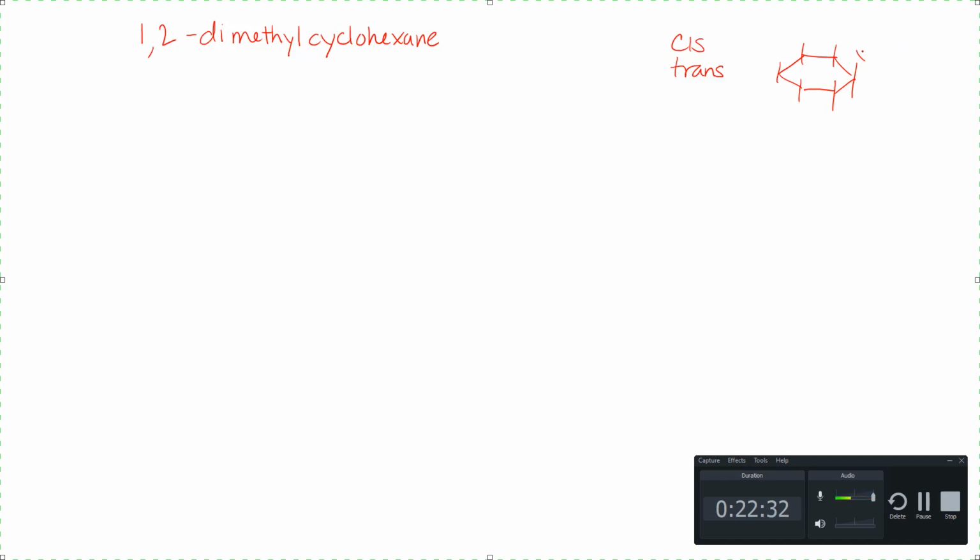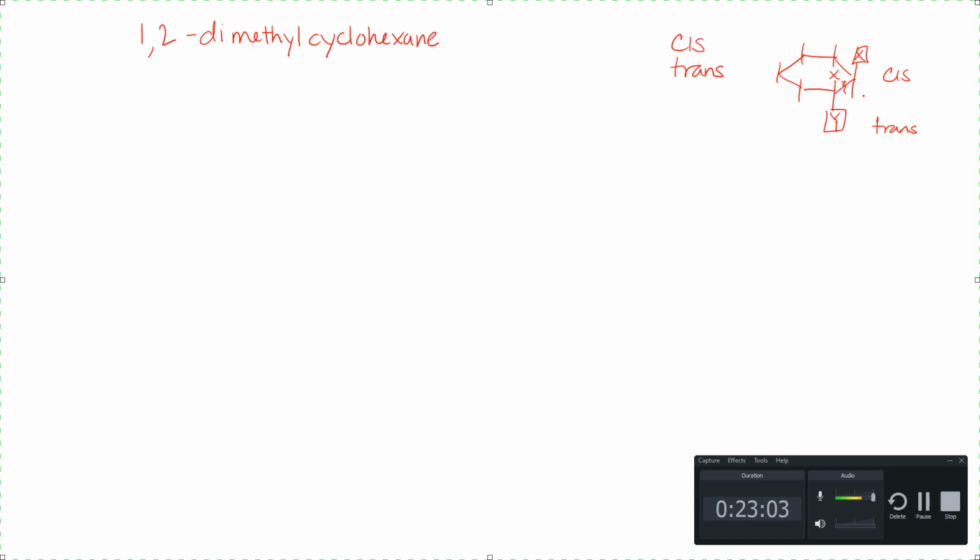If you have 2 groups that are on the same side of the ring, that is cis. If you have 2 groups that are on opposite sides of the ring, those are called trans, just like cis and trans for alkenes. However, these are not conformations, because I cannot convert the cis into the trans without breaking a bond.